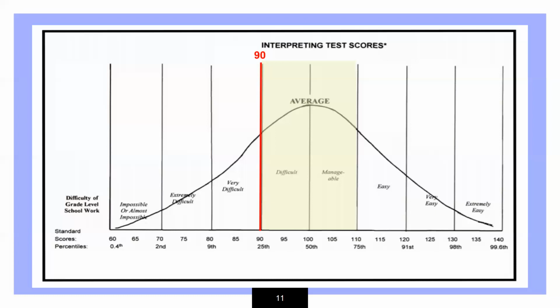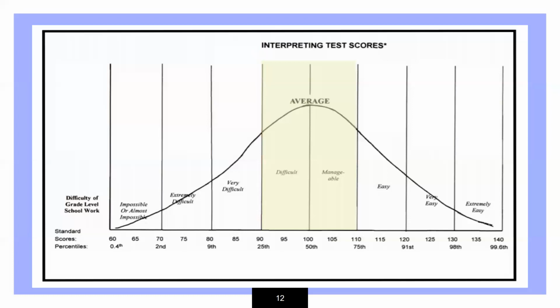Yes, I'm average, but things might not be coming to me quite so easily. And the further I go from the mean, the more I'm going to struggle. So the average range can really be deceptive because it is so broad. Our average range basically goes from very difficult to easy. And that's a large range for students to be in.